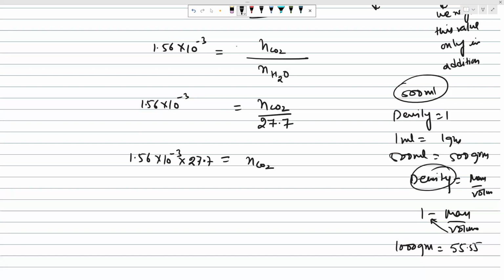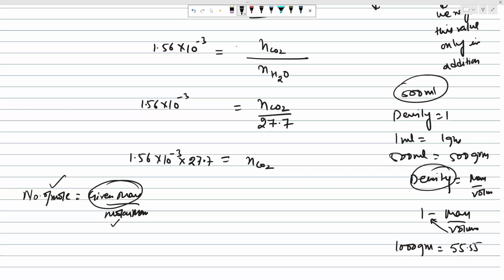If I ask you the weight of the CO2 that is dissolved, you know that number of moles is equal to given mass upon molar mass. So if you need to find the mass and you know the number of moles and the molar mass, you just multiply the number of moles of CO2 with the molar mass.